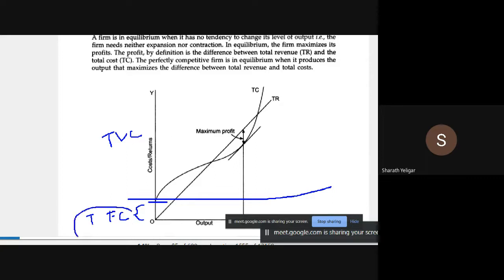Total fixed cost will be what shape? What will be the shape of total fixed cost? Straight line, horizontal line. Parallel to which axis? X-axis. Good. Parallel to the output axis. Why output axis? Why not input axis?